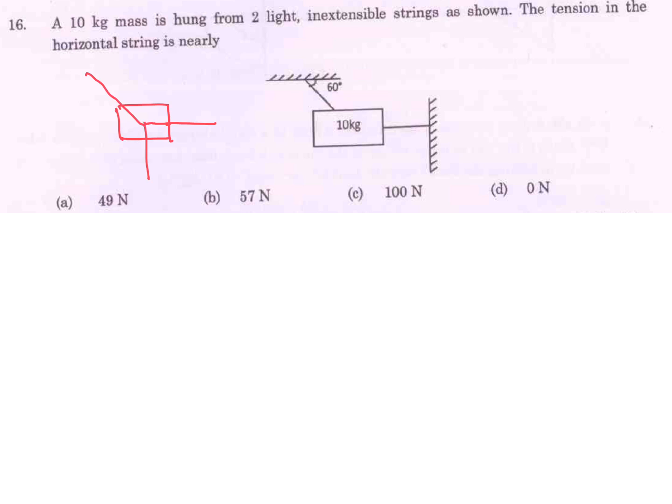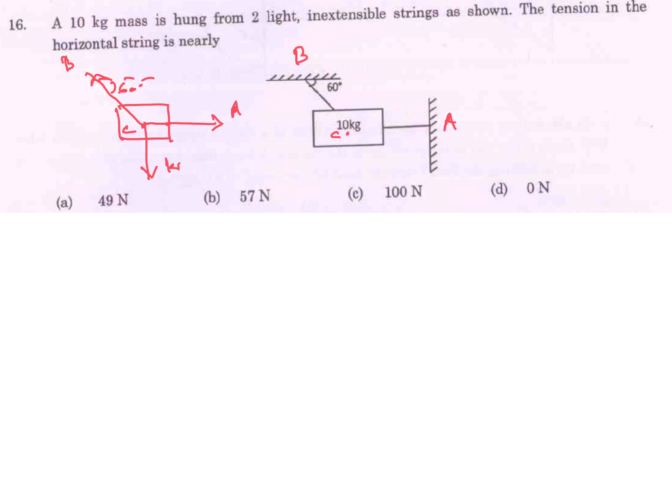Let us take points A, B, and C here at the center of gravity. This angle is given as 60 degrees.